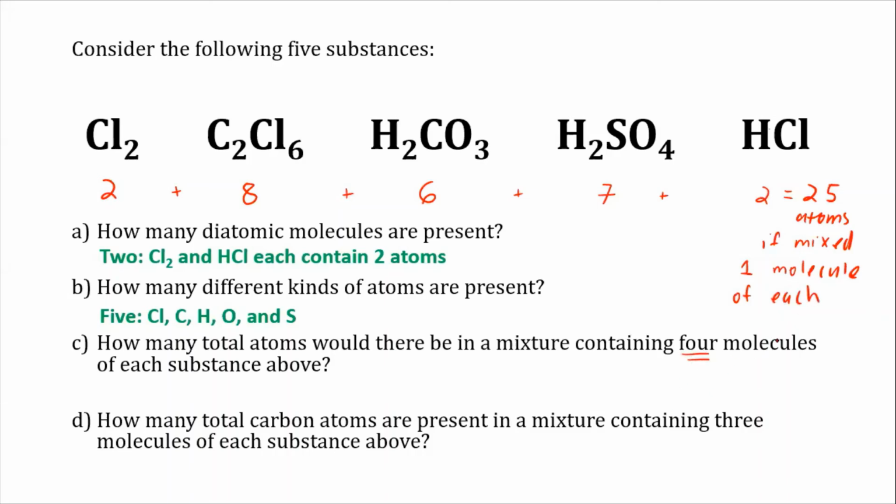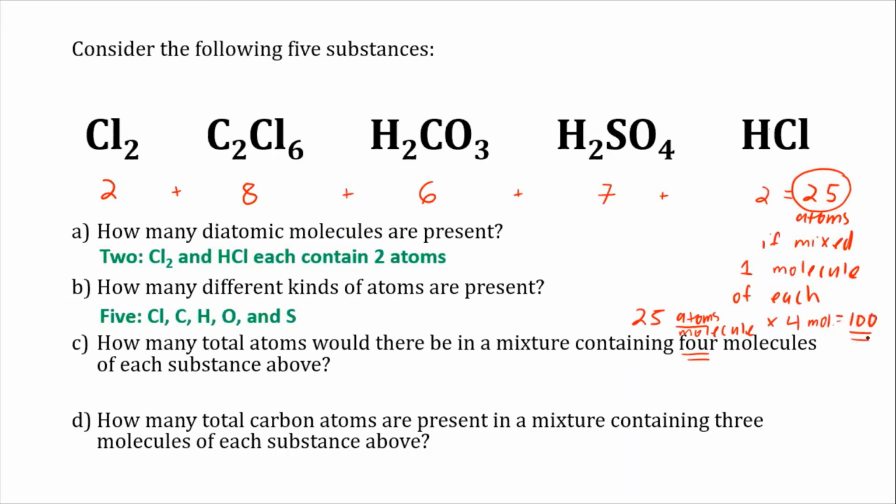But the question asks, how many would we have if we mixed 4 molecules of each? So to get that last part of the answer, we need to take 25 atoms per molecule times 4 molecules equals 100.